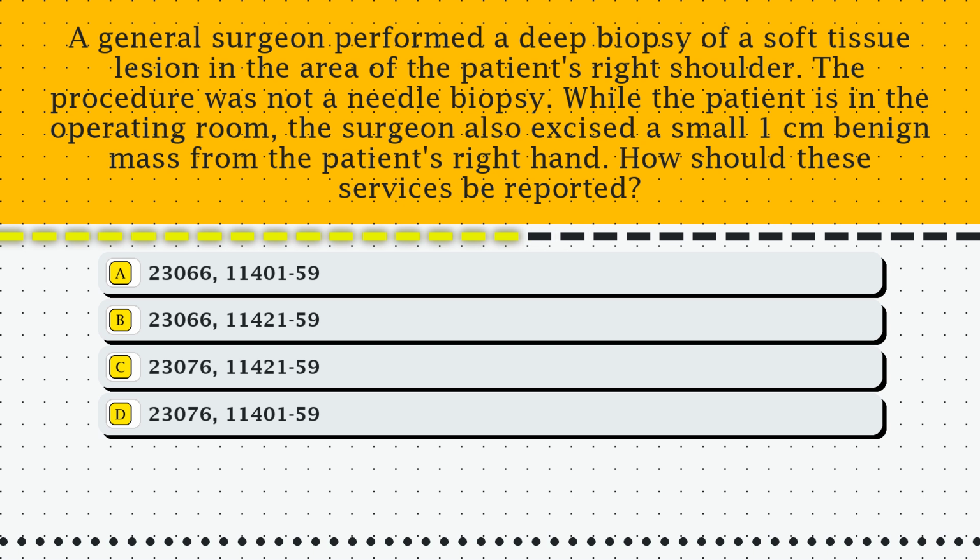Option A, 23,066, 11,401 to 59. Option B, 23,066, 11,421 to 59. Option C, 23,076, 11,421 to 59. Option D, 23,076, 11,401 to 59.